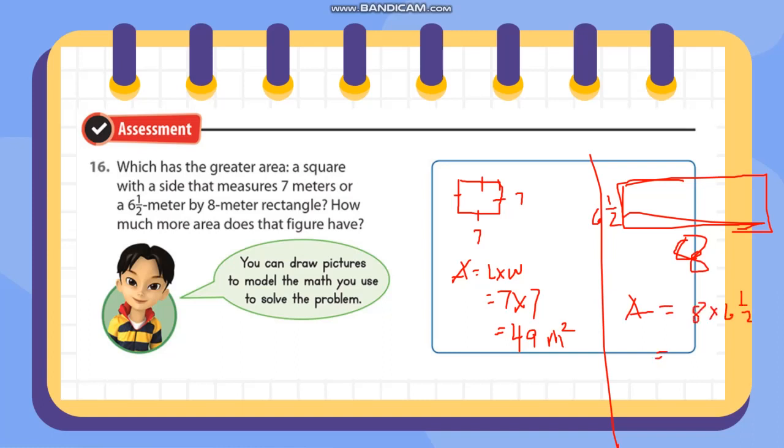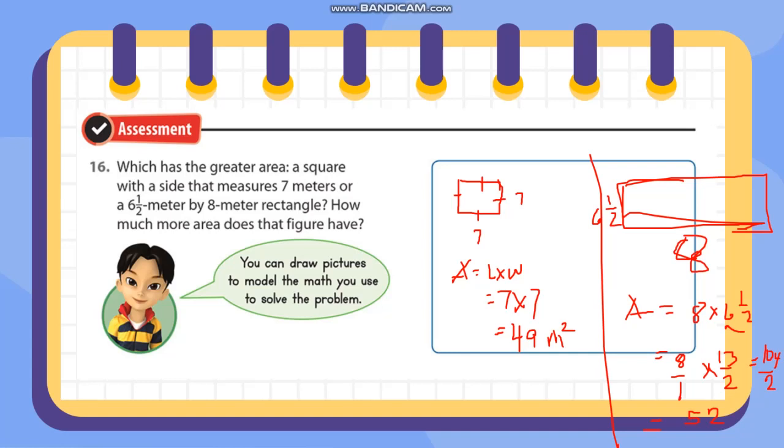So how to multiply? We change this one: 6 times 2 is 12 plus 1, that is 13 over 2, then 8 over 1. So what is 13 multiplied by 8? That is equivalent to 104. 104 over 2. What is 104 over 2? That is equivalent to 52.